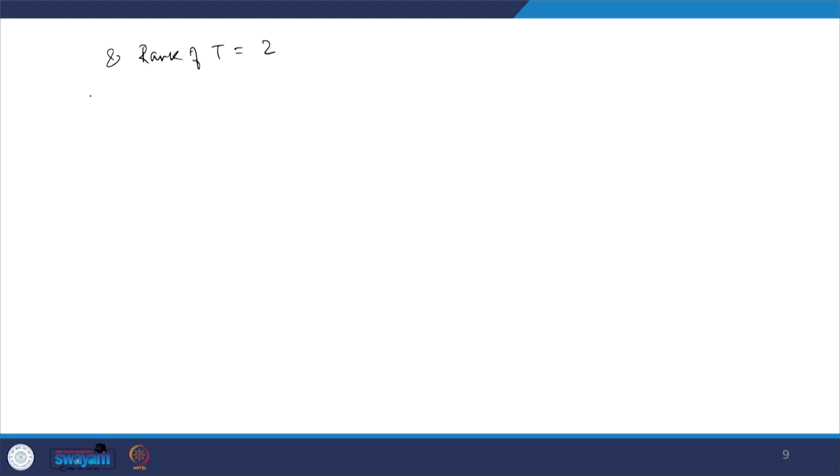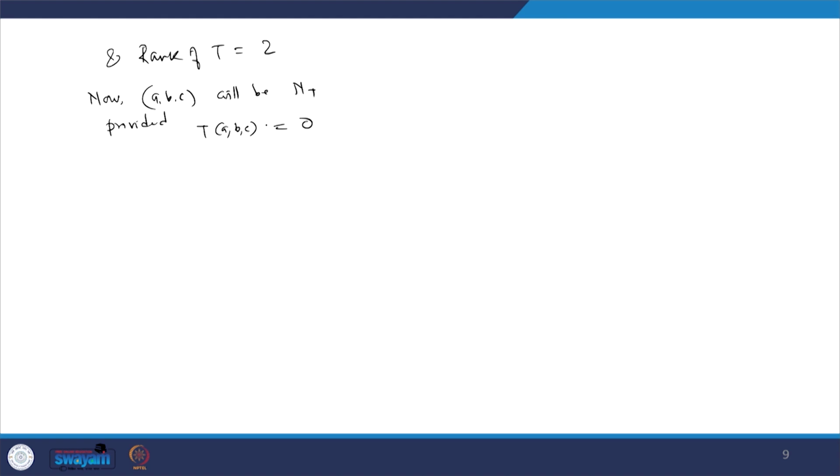Now, (a, b, c) will be in the null space of T provided T(a, b, c) is equal to 0.